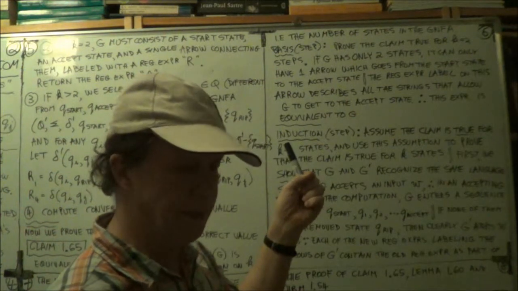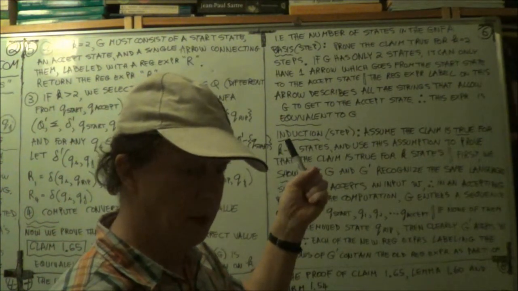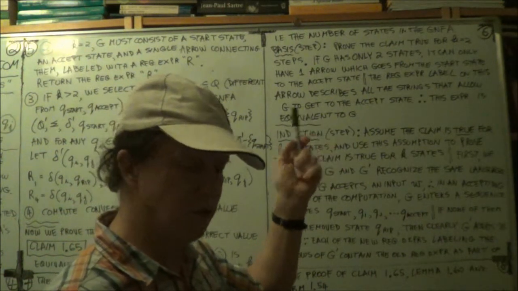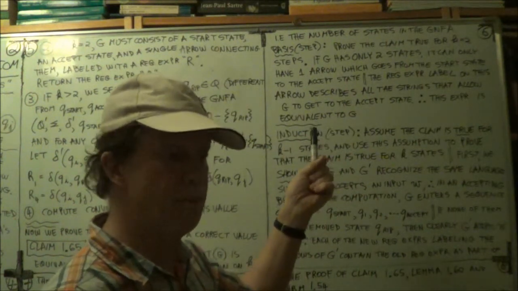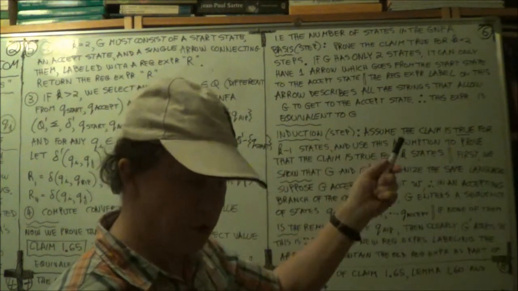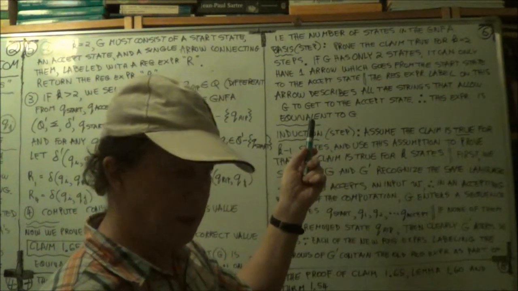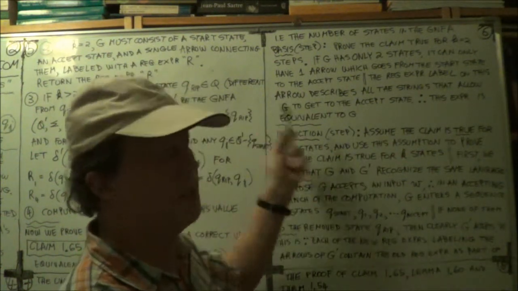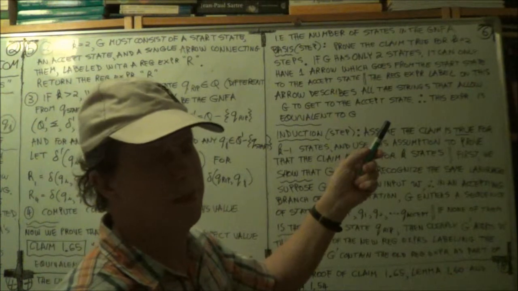Now, what does a regular expression do? It describes the language. Okay? And in this case, there's only one transition arrow. So it goes from a start state to an accept state. Okay?